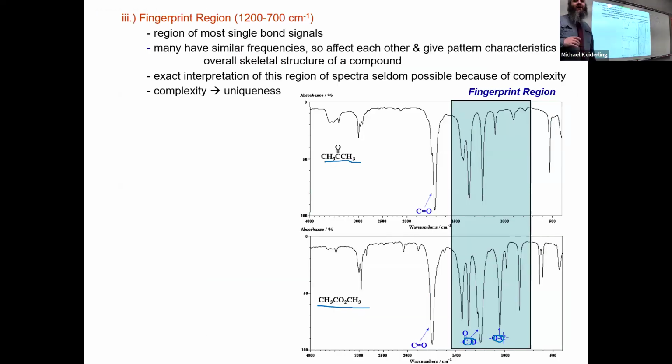So the fingerprint region from around 1200 to 700 inverse centimeters is the region of most single bond signals. A lot of them have similar frequencies, so they affect each other and give pattern characteristics of the overall skeletal structure of a compound. The exact interpretation of this region of the spectra is seldom possible because of complexity, but complexity leads to uniqueness, which makes it really useful for identification of organic compounds.